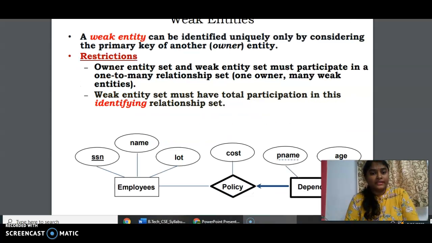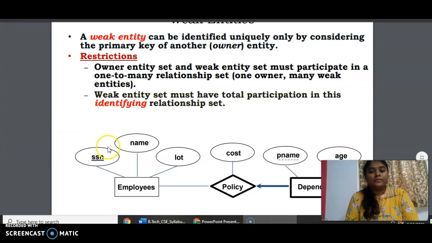Then what is this weak entity? A weak entity may not have any key. So if I don't have a key, how can I identify the record? In order to identify a unique record, it depends upon another strong entity. In this example, dependents are the weak entity and employee is the strong entity.